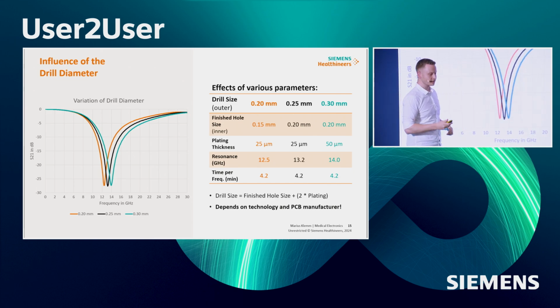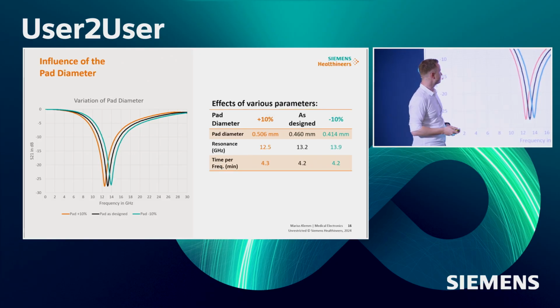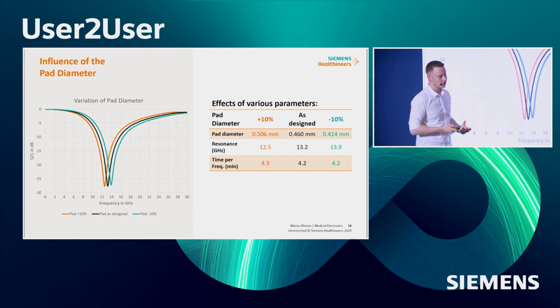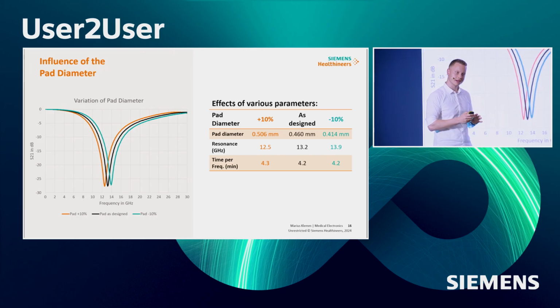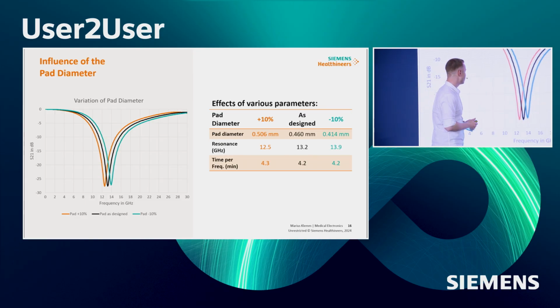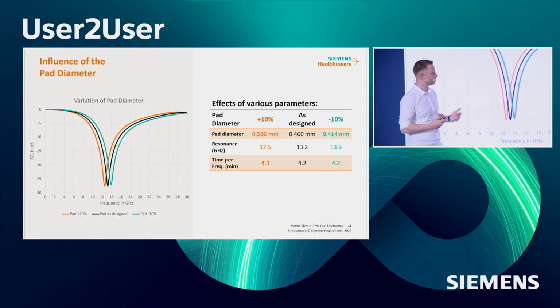If we're coming to the next slide, which is also interesting, ask about tolerances, if they have tolerances on their Gerber files. For example, if we vary the pad diameter by about 10% plus minus, then what effect does this have on our stub resonance? As you see, also almost 1 gigahertz back and forth.